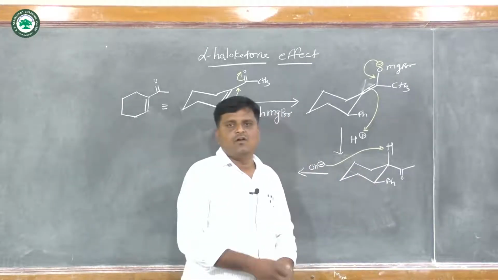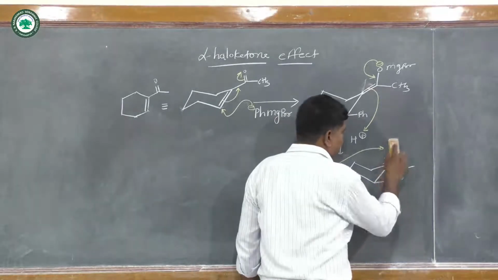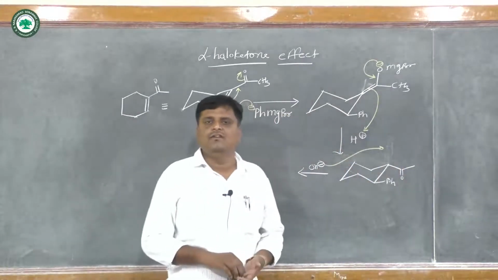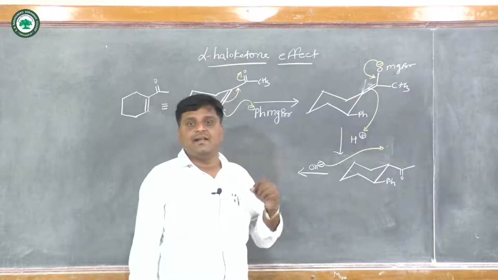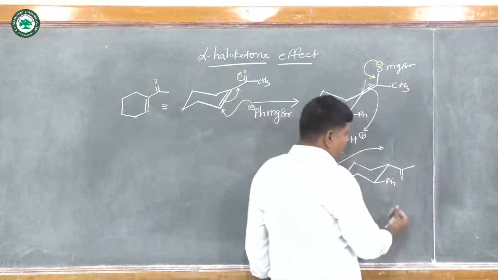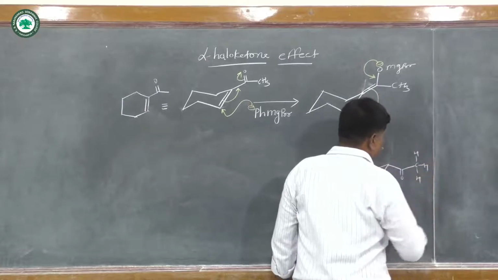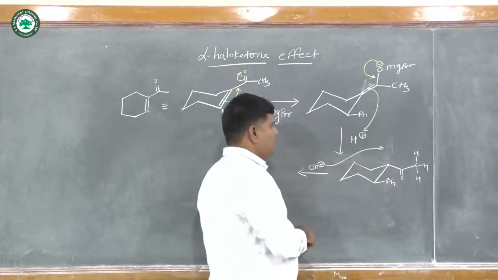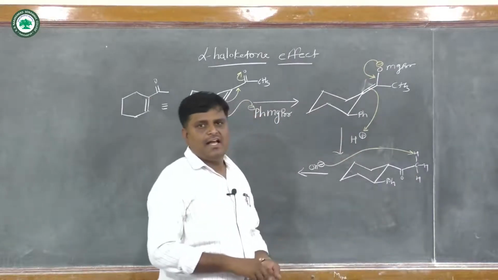Why? Because that proton is present on the axial position. Okay, and there would be formation of a double bond on the cyclohexyl ring system, so the base will abstract the proton from the methyl group, the proton from the methyl which is present on the acetyl group.